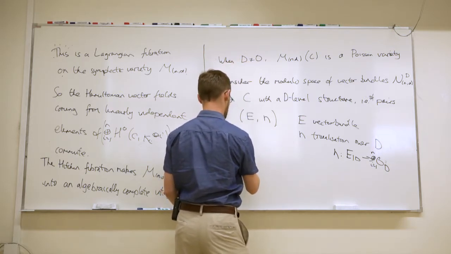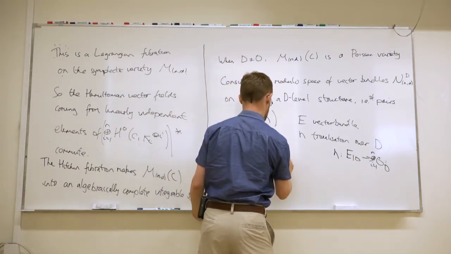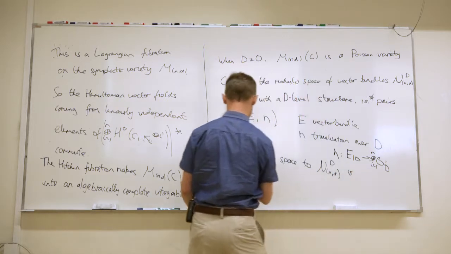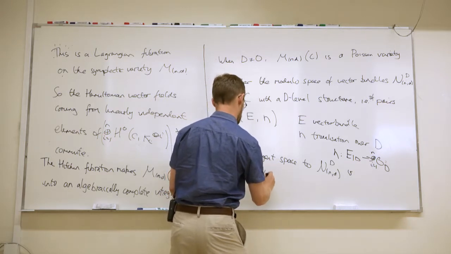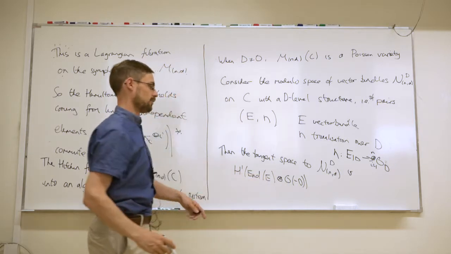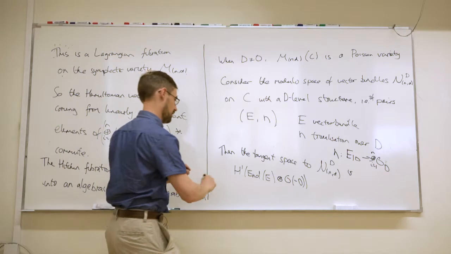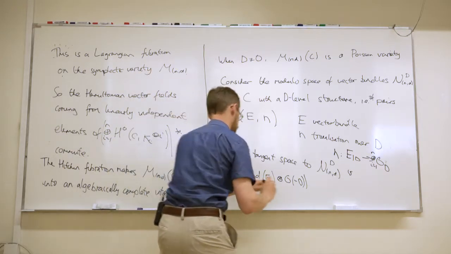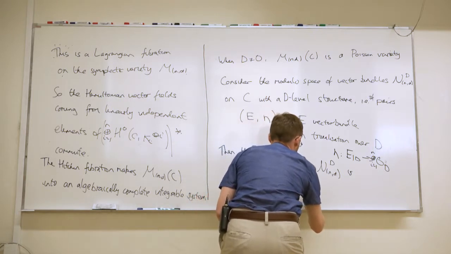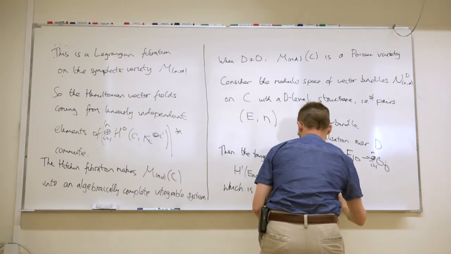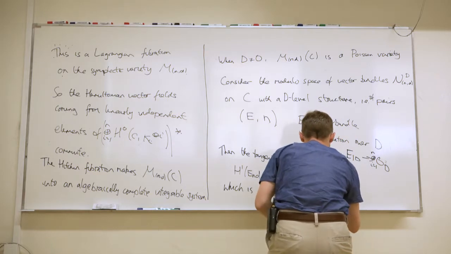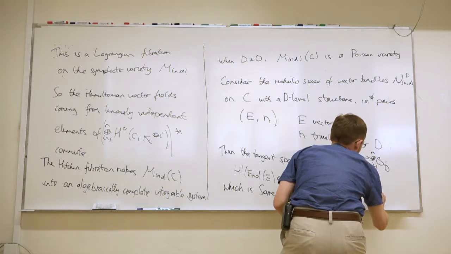And then the tangent space to this guy is H1 twisted by O minus D, which is dual to the space of D-twisted Higgs fields.